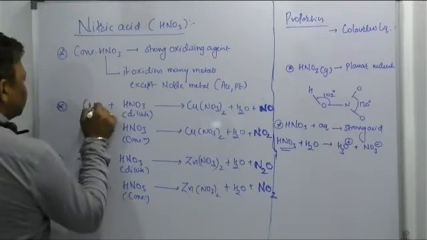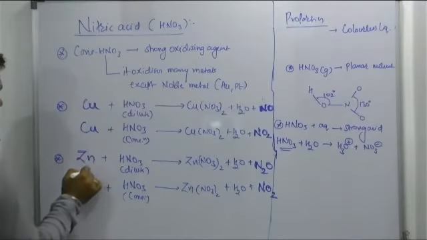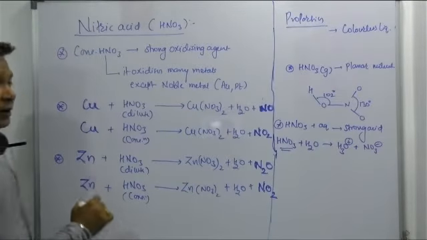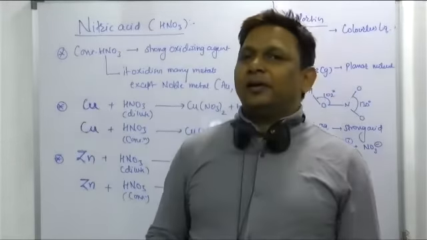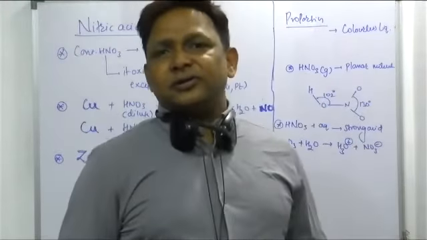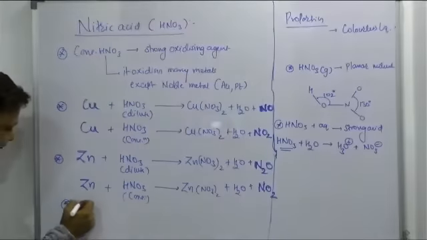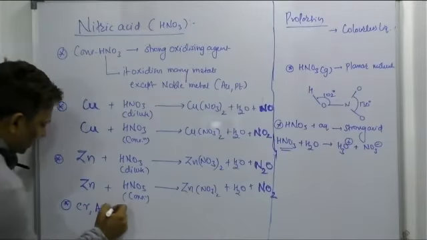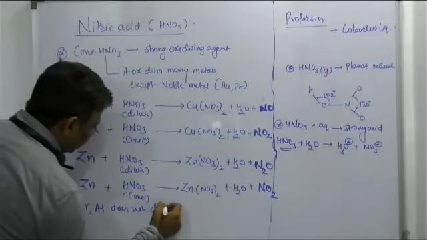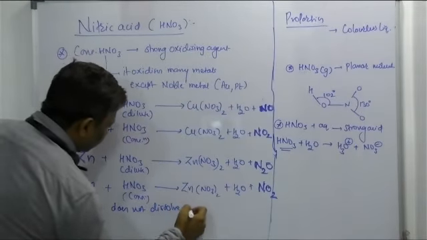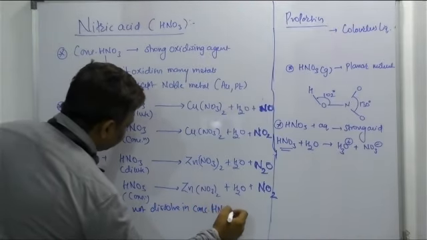But in the exam one question was there: copper, zinc, chromium, and aluminium, which one does not dissolve in the concentrated nitric acid? So what you should say? Chromium and aluminium do not dissolve in concentrated nitric acid.